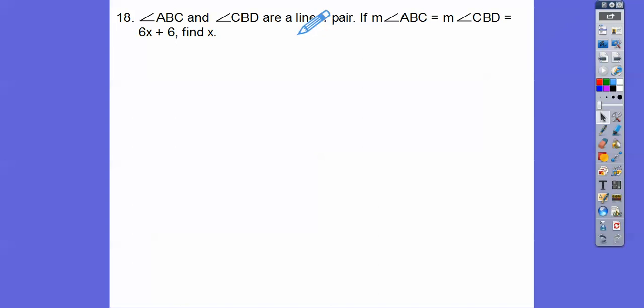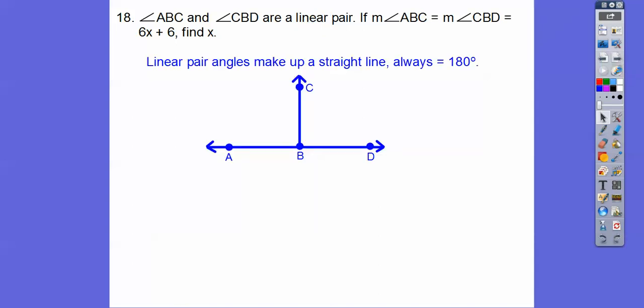So B is the vertex where they make up that straight line, and they're equal to each other. So if they're equal to each other, then these two angles must both be 90, because they add up to 180, 90 and 90 right there.